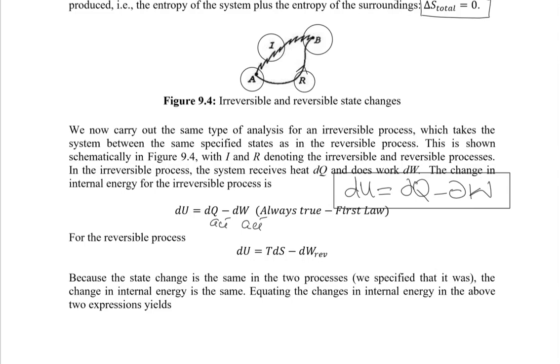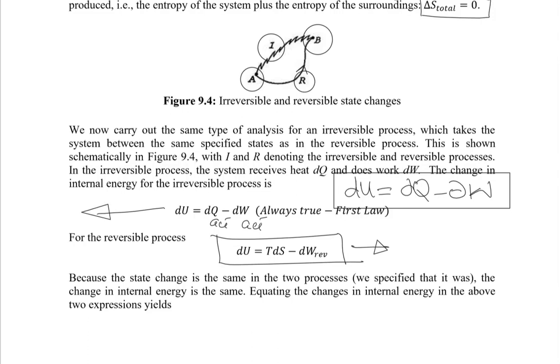But for a reversible process, dU is equal to TdS minus dW reversible. So this equation only holds for a reversible process, while the other equation holds for both irreversible and reversible processes.